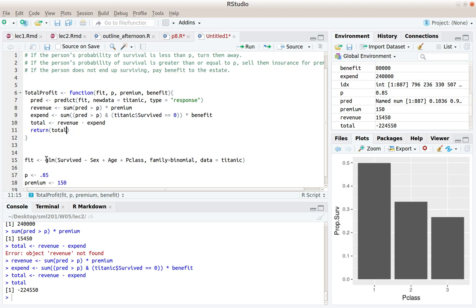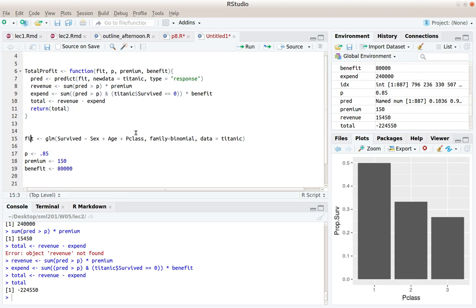Okay, so I left fit outside the function. The reason is that what the function does is it takes in the model, and then it says, well, this is how much money you'll make if that is the model that you use. So conceivably you would try another model, and maybe that's going to work better for you. It does take in the P and the premium and the benefit.